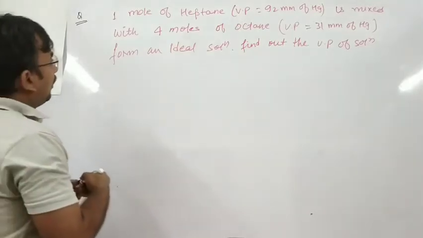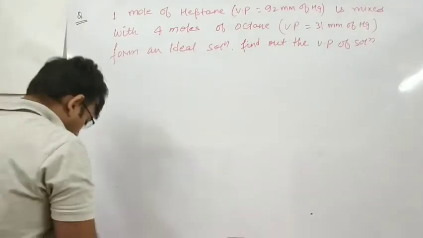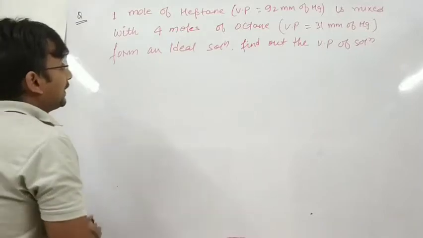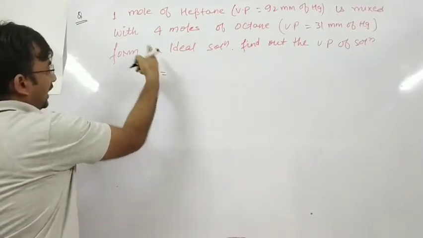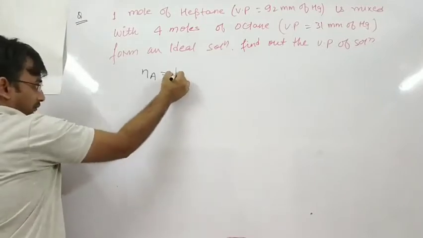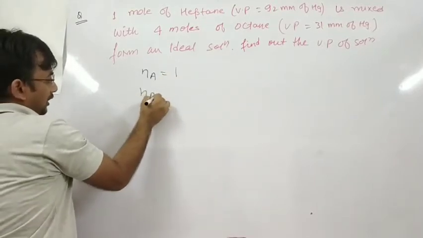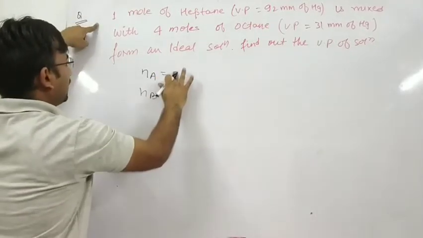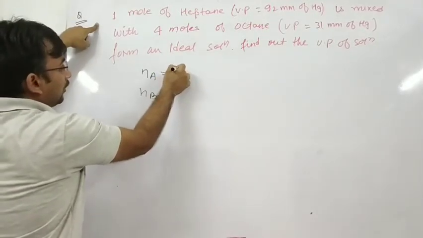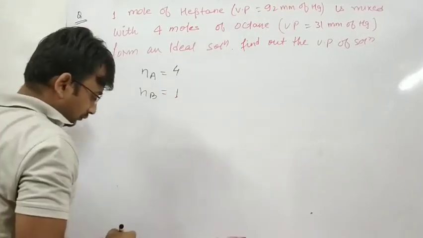So first of all we have moles of A and moles of B respectively, right? So can we write here, moles of A, that means heptane, is given 1, moles of octane is given 4. Let A be only 4 and B is 1, right?